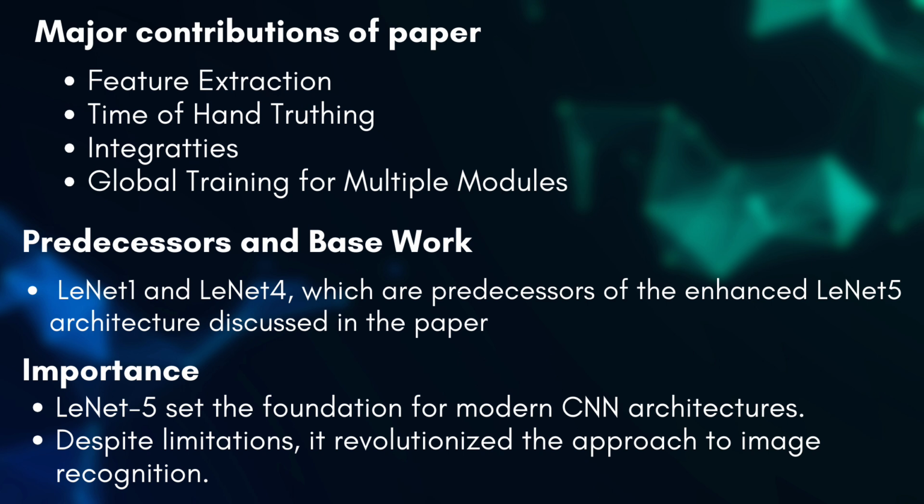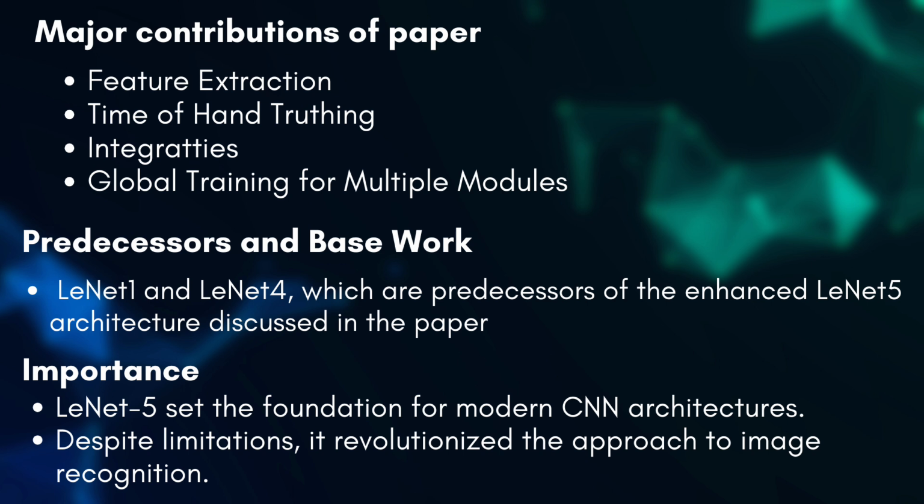Problem 4. Integrating system components. The paper introduced a unified framework that integrates segmentation, character recognition, and linguistic models. This avoids the need for individual heuristics for each task, making the system more efficient and robust. But that's not all.